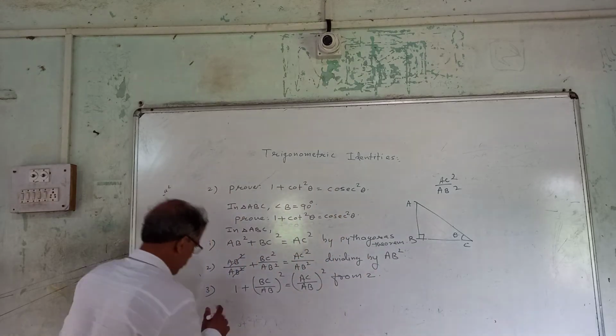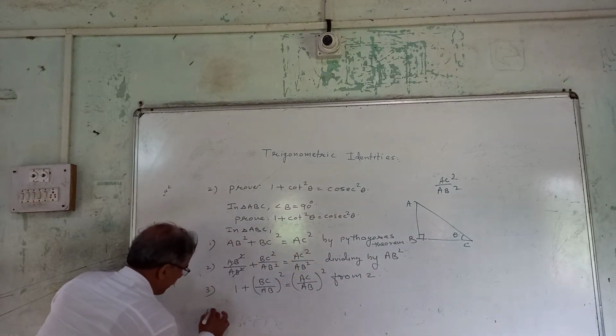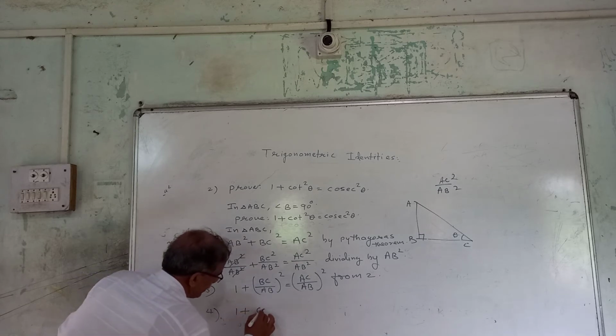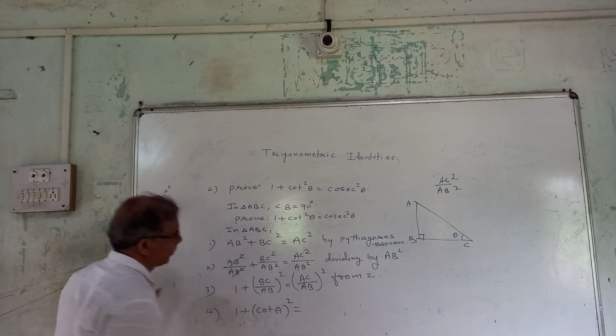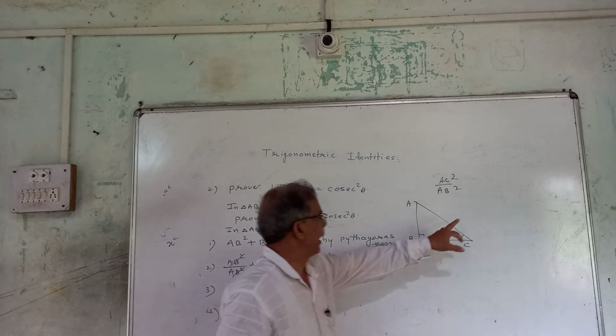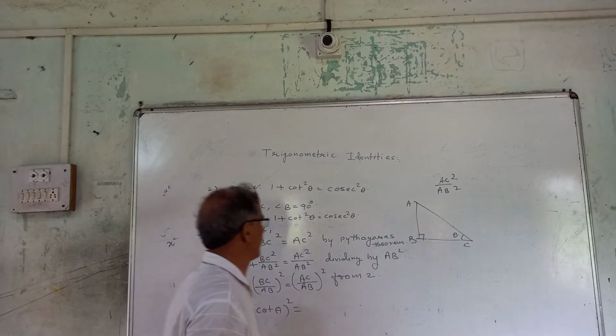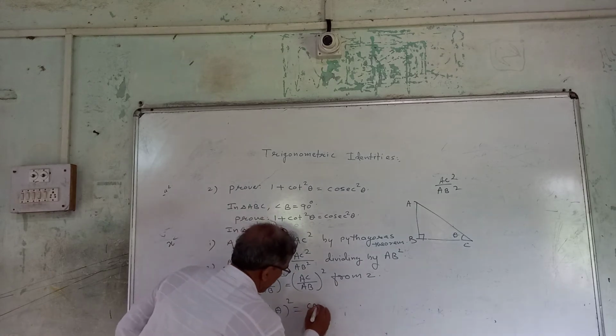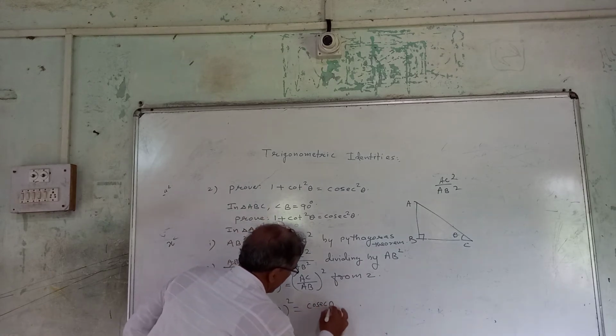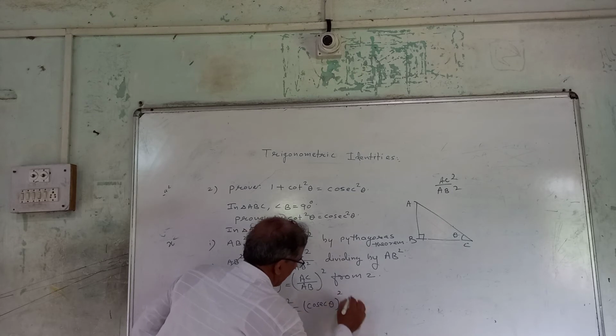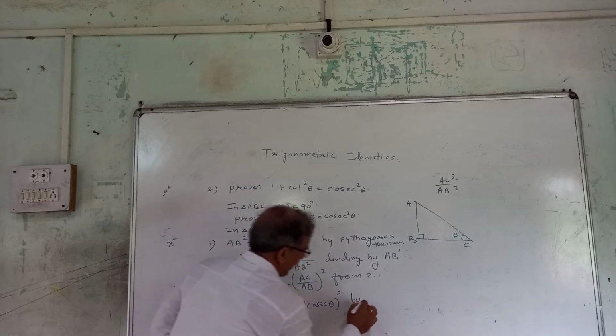Cot ratio. So now I shall write here first statement, 1 plus cot theta whole square should be equal to AC by AB, hypotenuse upon opposite. So that is cosec ratio. Cosec theta whole square. And what it is done, you have to write by definition.